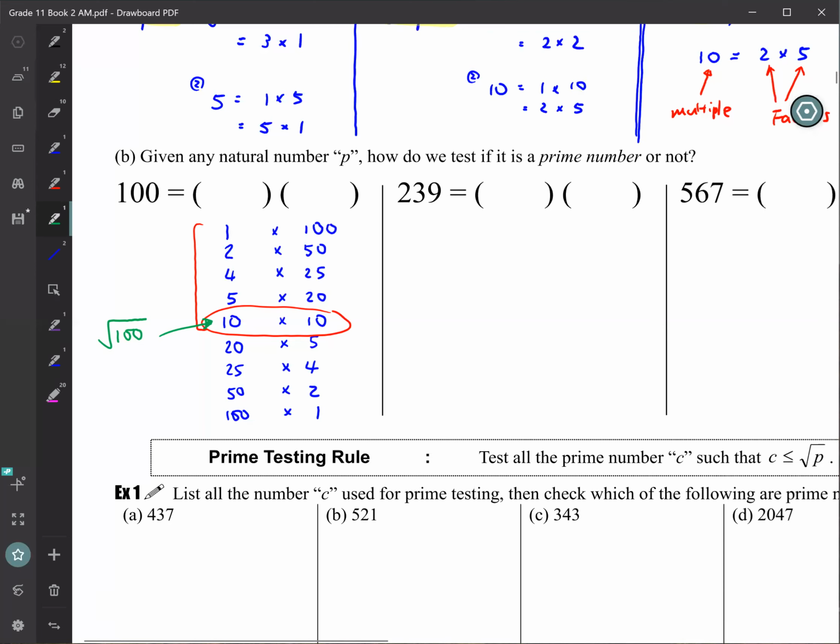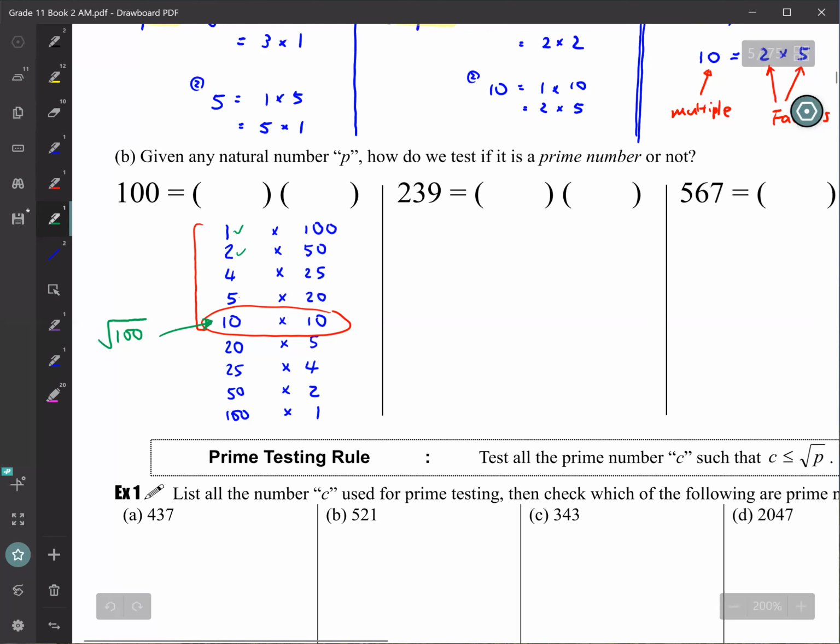So if we want to check if it's prime or not, we only need to check everything before the middle part, and you just need to check all the prime numbers before the square root of 100. So for example, you check 1: 1 times 100, that's a factor. And then you check 2. 2 works, 2 times 50, then you know already it's not a prime. If 2 still doesn't work, you keep on checking. You don't need to check 4, because 4 is not a prime.